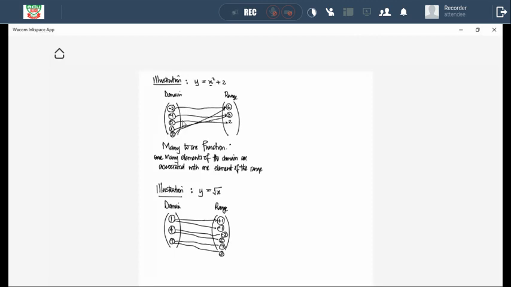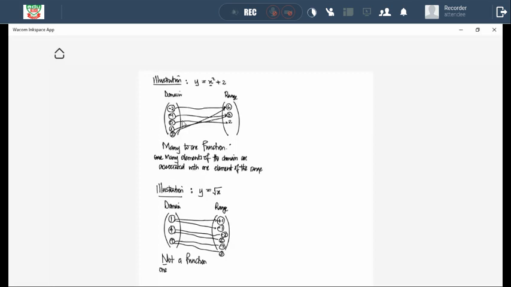So one element of the domain is now bringing us many on the range. So this is not a function. Once you have 1 to many, that means it's not a function. A domain input is supposed to give us a unique output, not 2 or more, right?